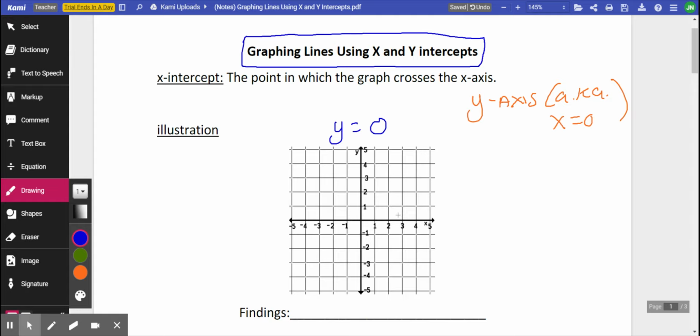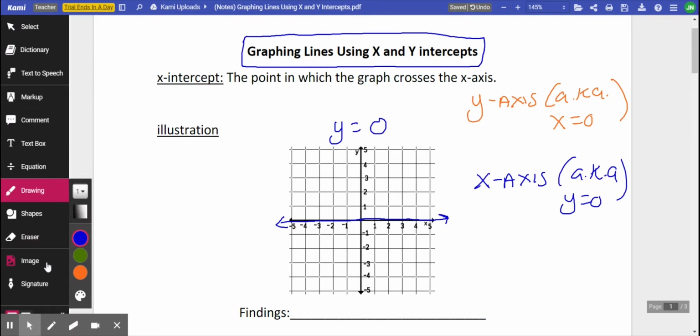What would happen if I change that value to a 0 now? So when I change it to y equals 0, that's 5, 4, 3, 2, 1, 0, right in the middle, right? That means it's going to be going perfectly horizontally through the center and also through the origin, by default. So another way of saying y equals 0 is just saying the x-axis, which is also known as wherever y is equal to 0.